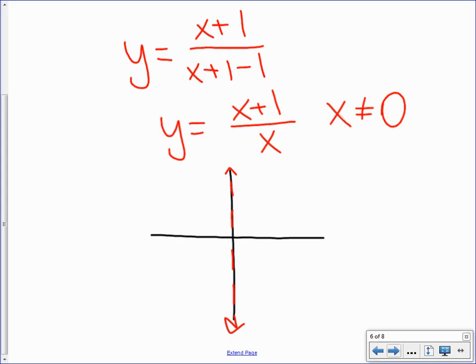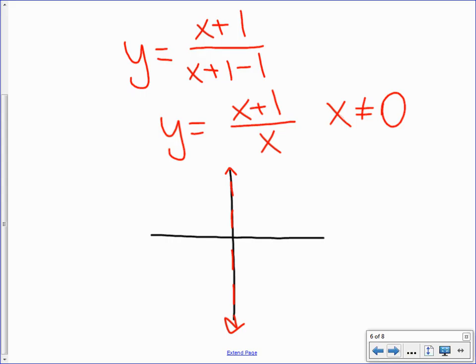What's true about the degree of the numerator compared to the degree of the denominator? Same, bigger, smaller? Same. And where is our horizontal asymptote when our degrees are the same? It is not at 0.